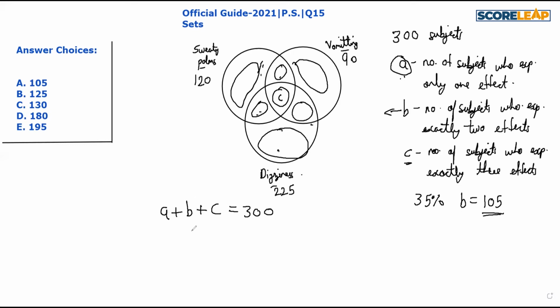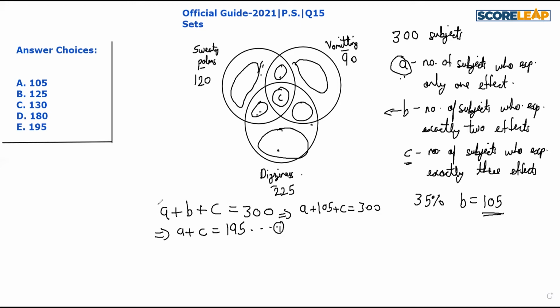So A plus B plus C is 300, which gives A plus 105 plus C equals 300, which in turn gives A plus C equals 195. This is the first equation that we got.